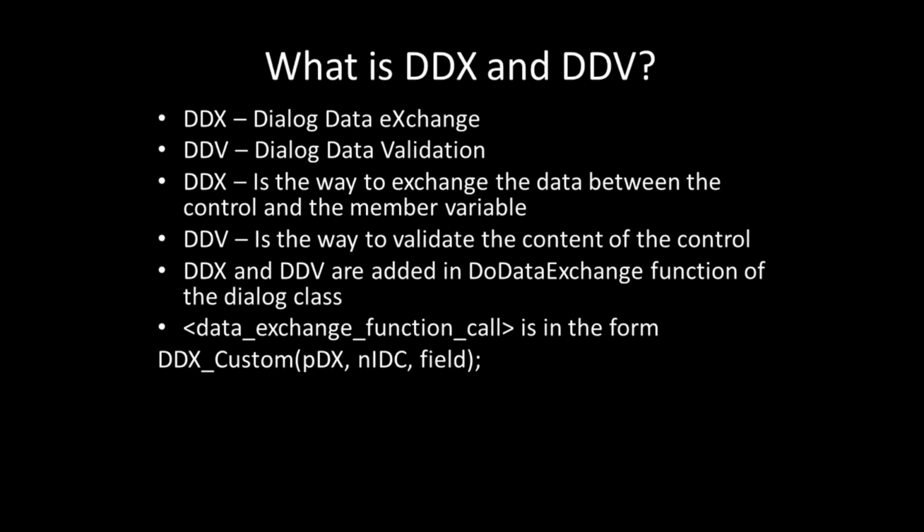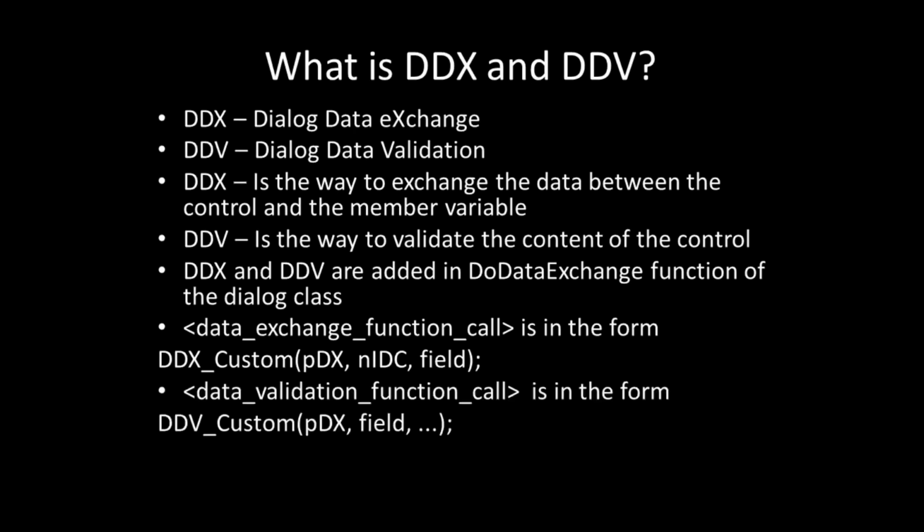So basically you are associating a member variable to your control. When coming to the data validation, again here there is a pDX pointer, then DDX and DDV, and then you have the field, followed by what kind of validation we need.